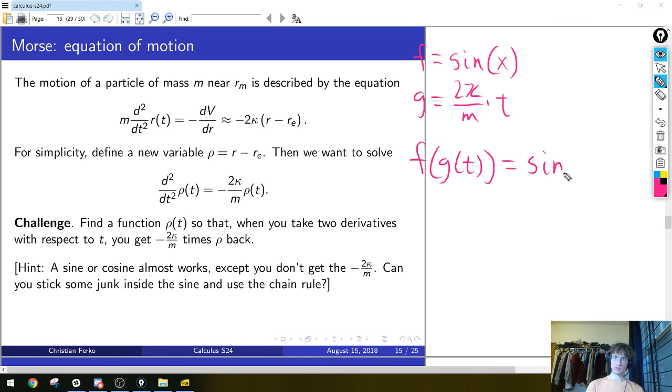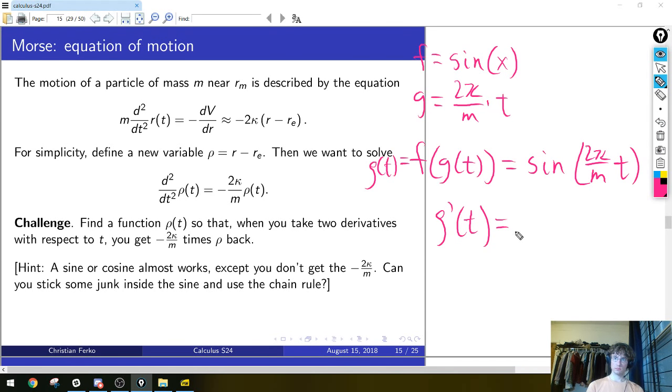This is sine of 2 kappa over m times t. Good? Okay. Let's call that rho, or it's our guess for rho. Let's just go forward with that and see what happens. What's the first derivative of this guess function rho with respect to t?